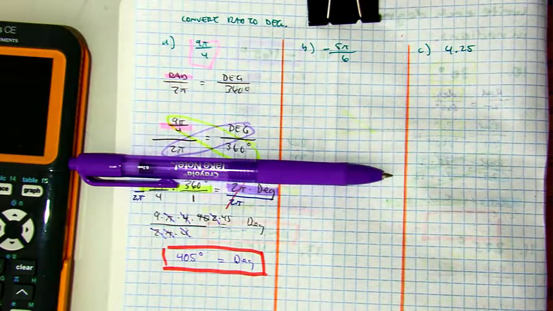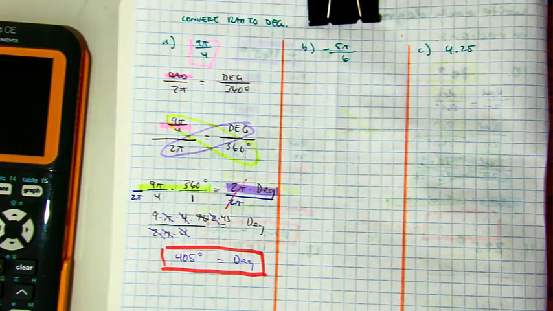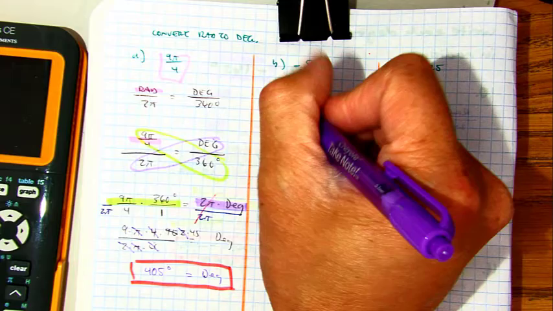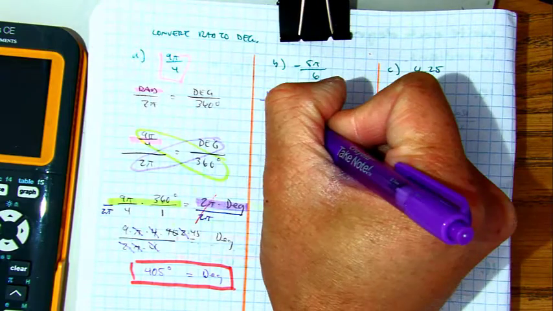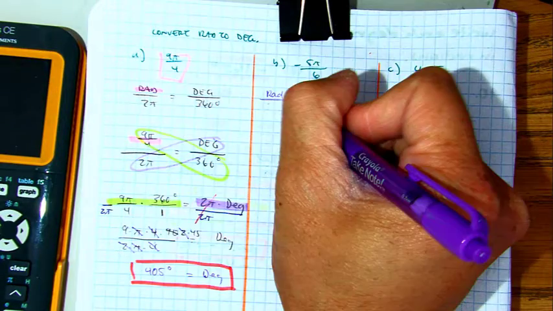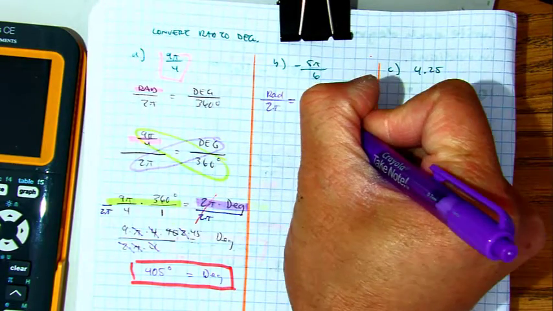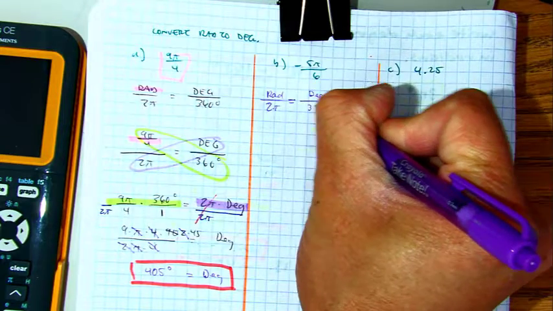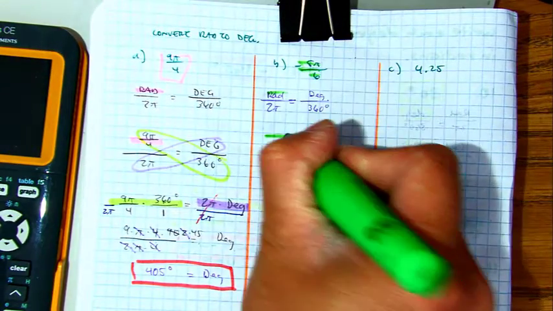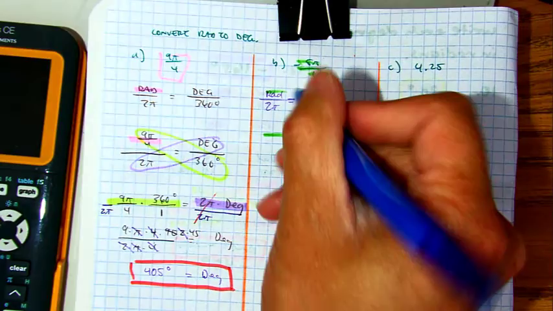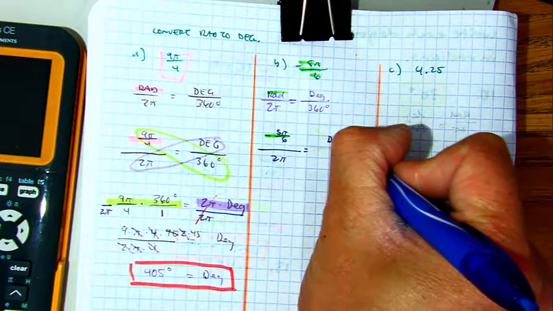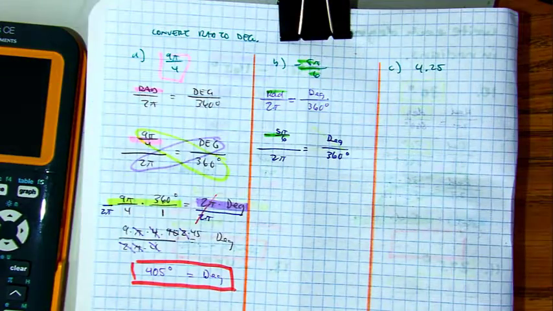Alright, let's try the second one. Brian, what's our awesome proportion? Radians. So I'm going to do my substitution. Negative 5 pi over 6 all over 2 pi equals degrees over 360. Raise your hand if you have those two things so far.